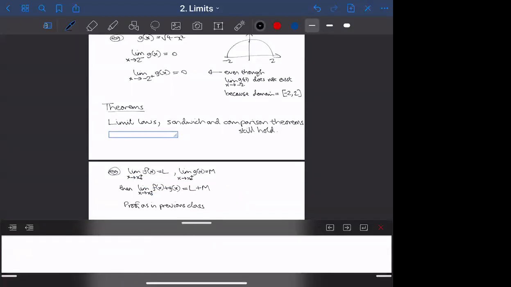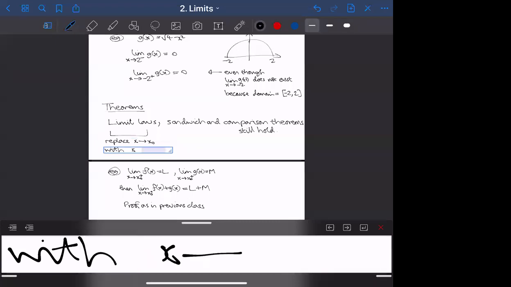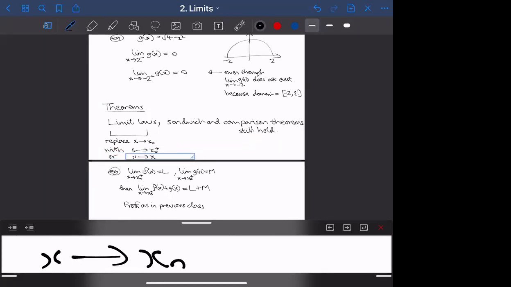Okay, but this shows you, so for the limit laws, we have to replace x goes to x0 with x goes to x0 plus, or x goes to x0 minus.